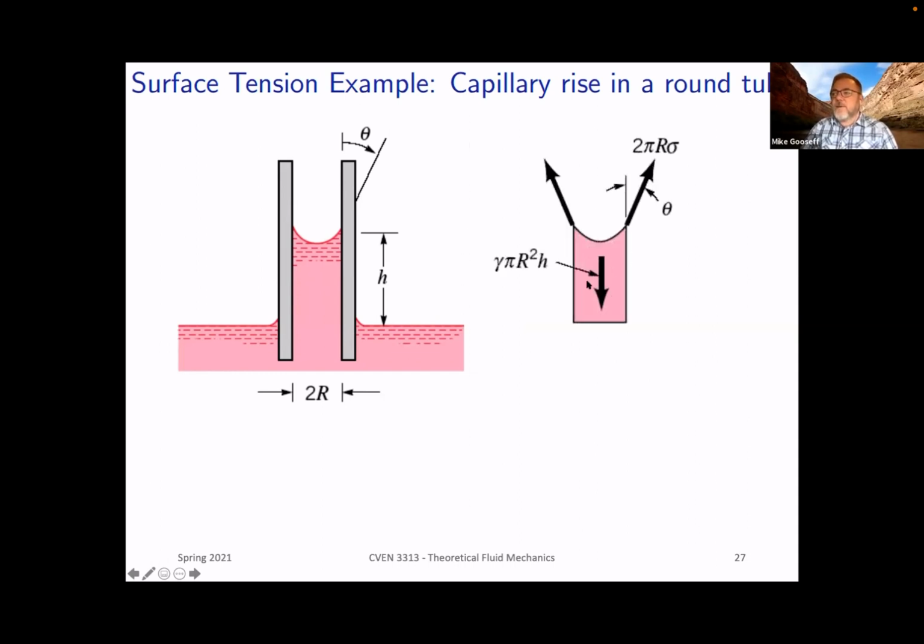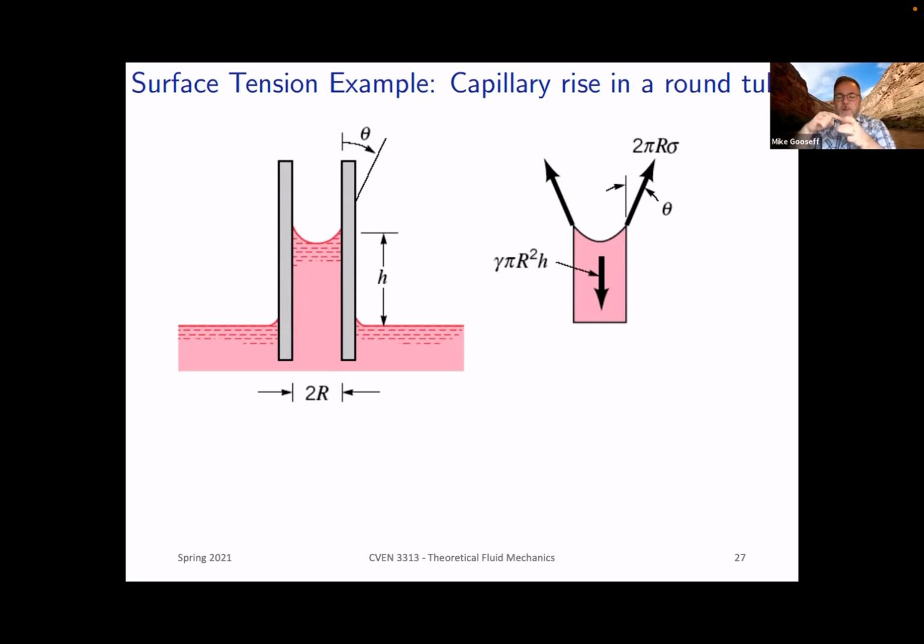Okay, so what does the force balance look like? It's, again, got some height h of water or fluid that has been pulled up. There is some total weight force acting in the downward direction. Now, let's break this apart for a second. Pi times r squared is going to be the area of the inside of the tube, right?